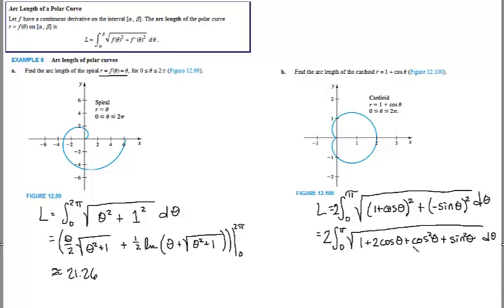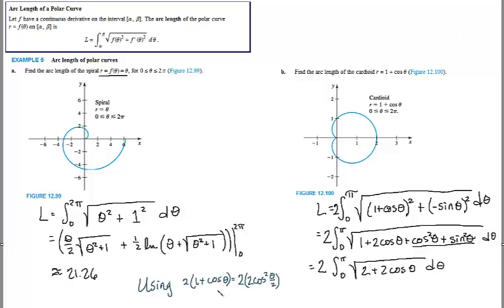Alright, at this point the sine squared plus cosine squared is a 1, so you're just going to have 2 plus 2 cosine theta. I'll write that down. At this point I'm going to use this half angle identity right here, so that I will get 2 times the integral from 0 to pi of the square root of, because I just want it in one chunk and something squared, 4 cosine squared theta over 2, and see how nicely that'll come out of that square root, which is what I want.